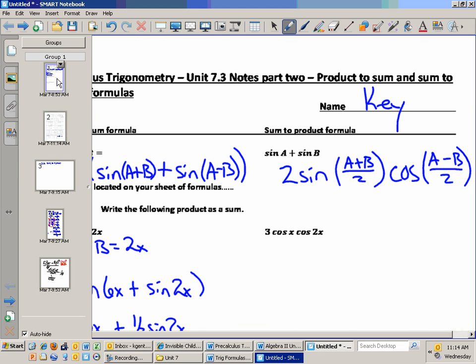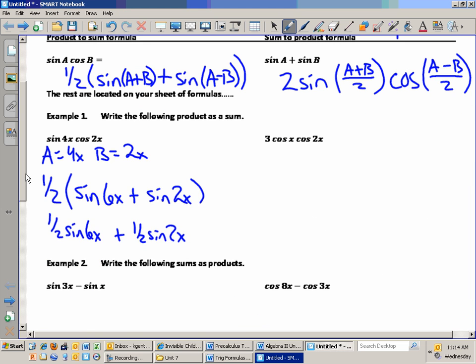So as you write this out, you should come up with 3/2 times the cosine of -x plus the cosine of 3x. Is that what you got? Did you do cosine of 3x plus cosine of -x? Yes.